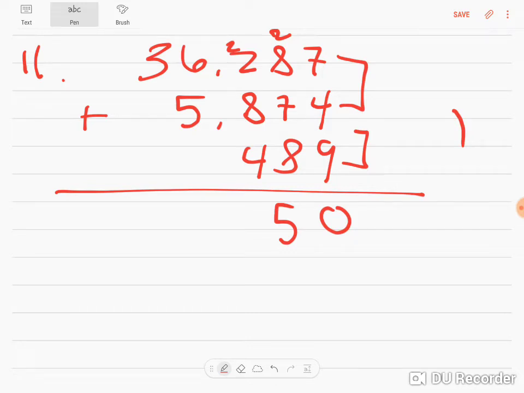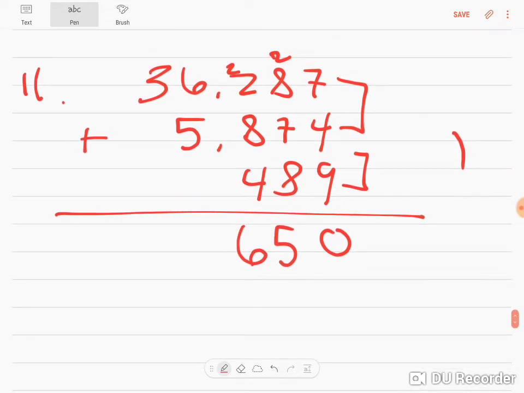Plus 4 is 14. Plus 2 is 16. Carry the 1 right here. 6 plus 5 is 11. Plus 1 is 12. Carry the 1 right there. 1 plus 3 is 4. The answer we get for this problem is 42,650.